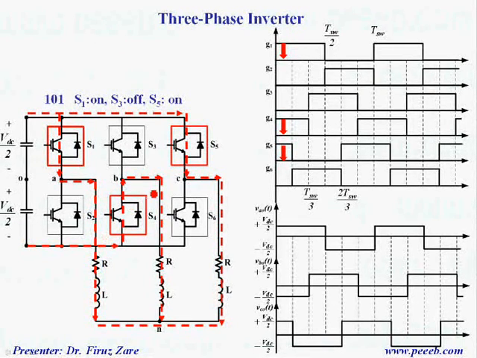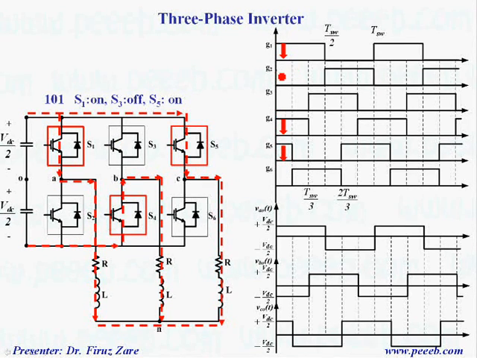So let's start with different switching states and also look at this voltage waveform when the switching frequency is low. That means we have only one pulse for each phase or each leg. These are the gate signals for these switches.